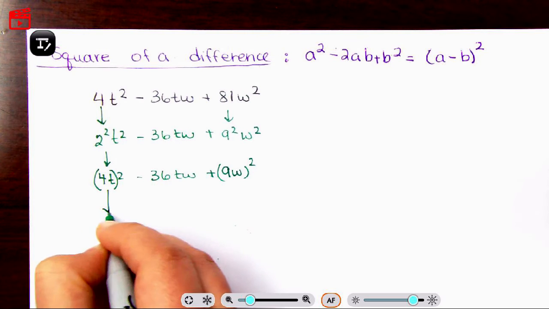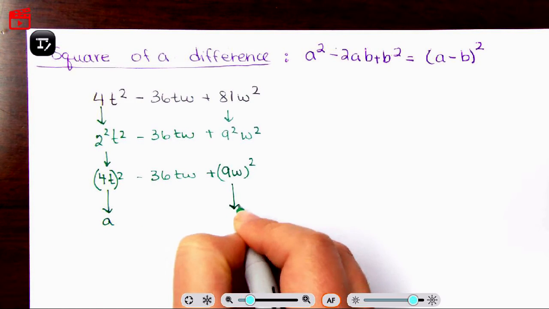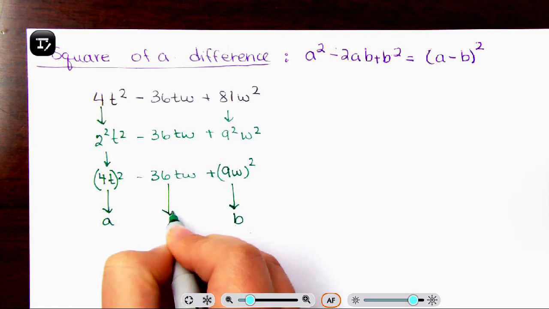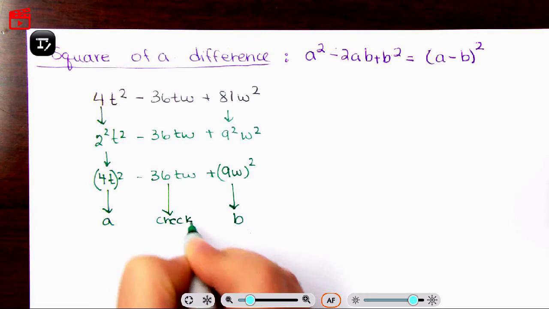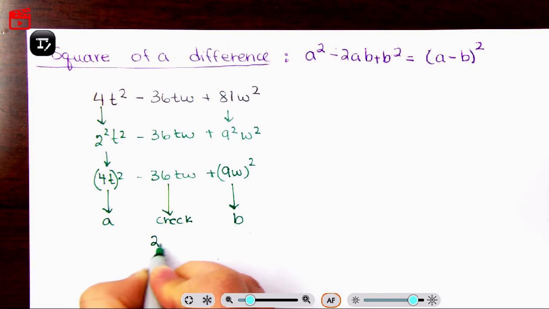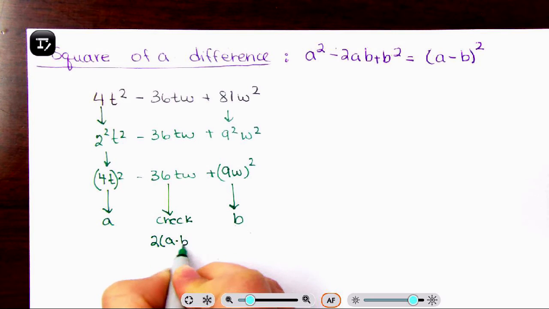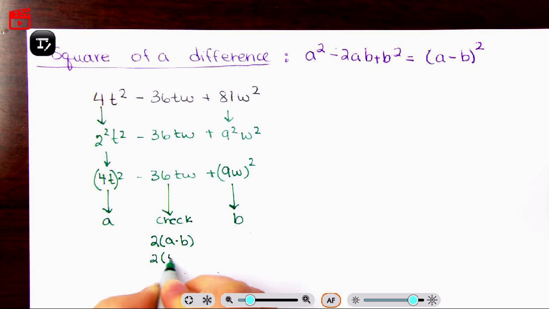So this is my A, this is my B. We need to make sure that the middle term is 2 times your A and B. So that means 2 times 4t times 9w. So that means I have 2 times 9 times 4. What is 9 times 4?